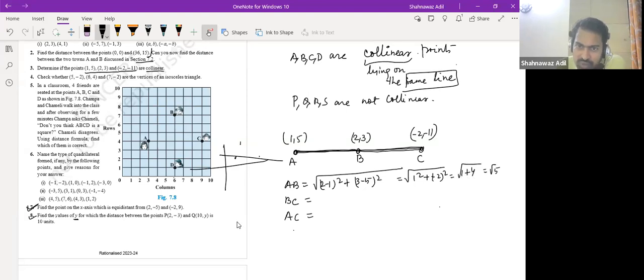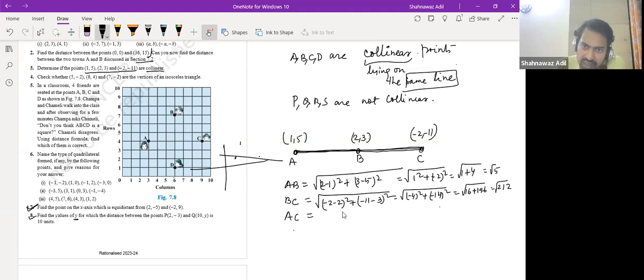And then BC. BC is the root of (minus 2 minus 2) squared and then (minus 11 minus 3) squared. So this is minus 4 squared and then minus 14 squared, which is 16 plus 196, which is 212.